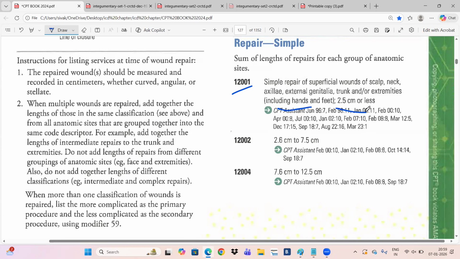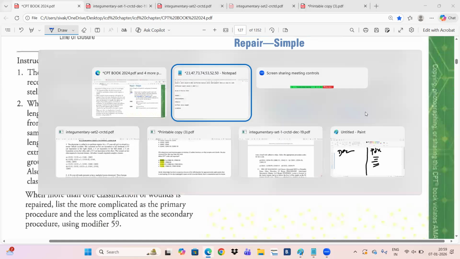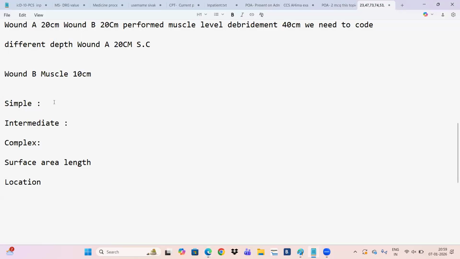In these locations, wherever they perform the laceration, you will get only 12001. We have two anatomical groups in the simple repair: 12001, 12011. In intermediate repair, 12031, 12041, 12051, three anatomic groups.